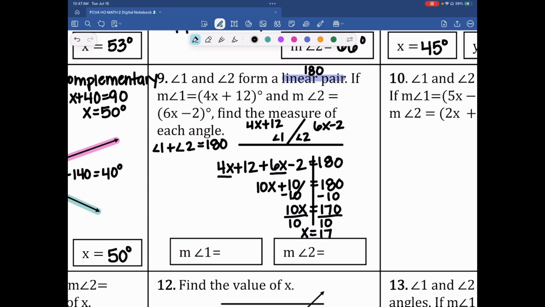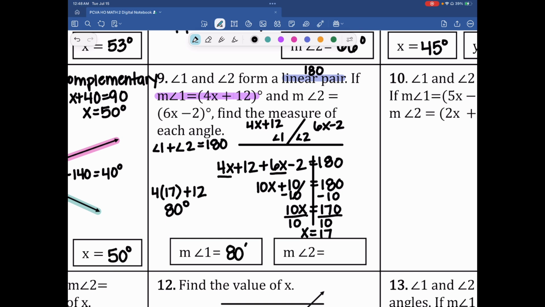So again, we found what x is equal to, but we want to find the measure of each angle. So to find the measure of each angle, we're going to substitute that x back into the angle measurement. So the measure of angle 1 was 4x plus 12, or 4 times 17 plus 12. And so 4 times 17 is 68, plus 12 is going to give me 80 degrees.